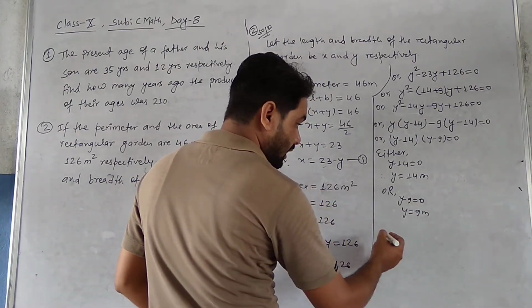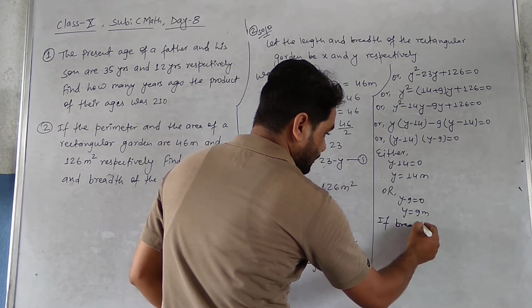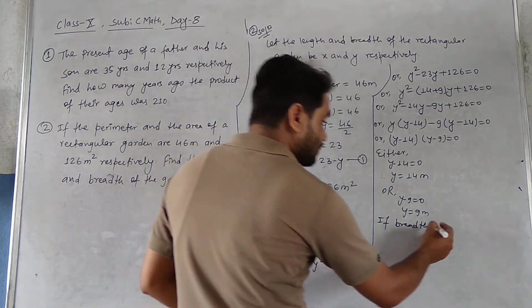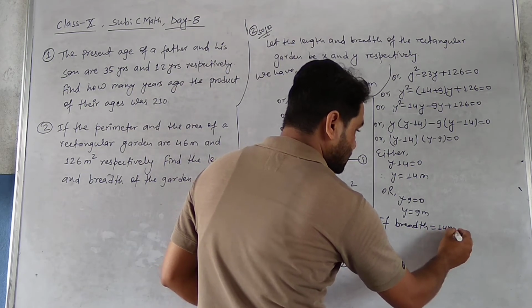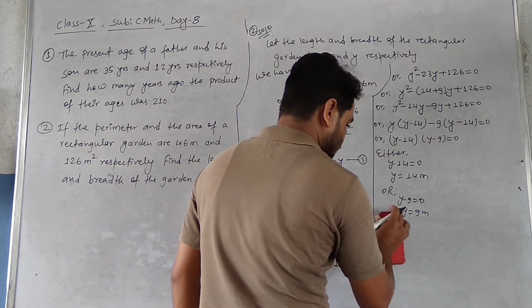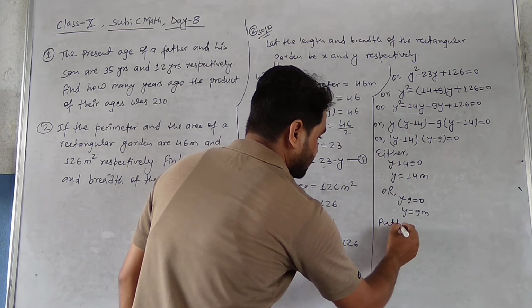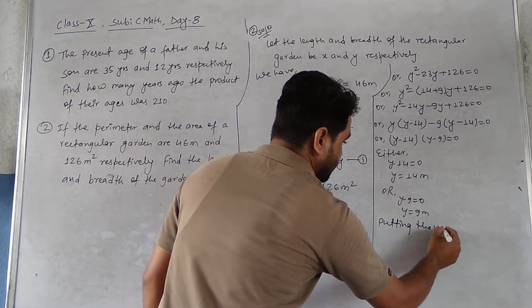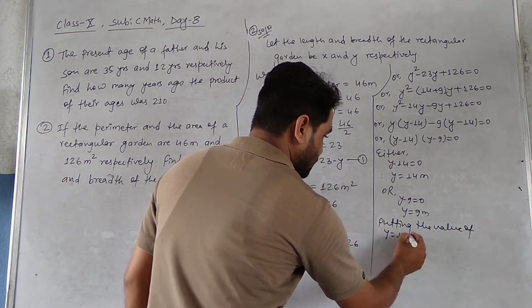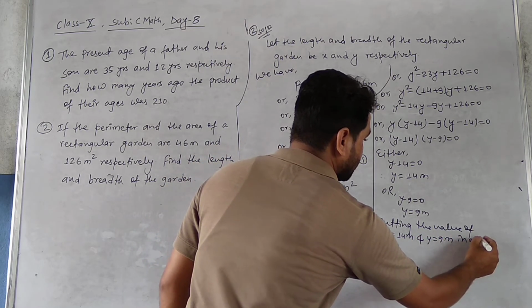So for that let's do here, putting the value of y equals 14 meter and y equals 9 meter in equation first.